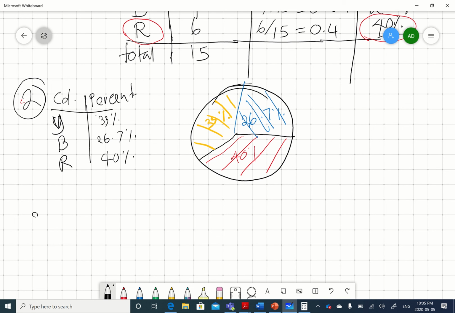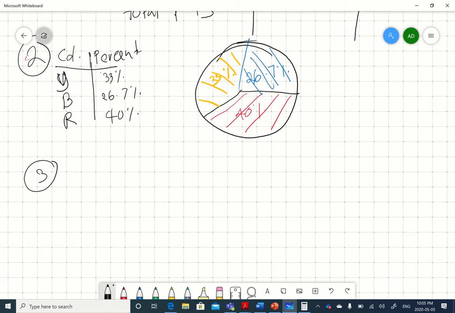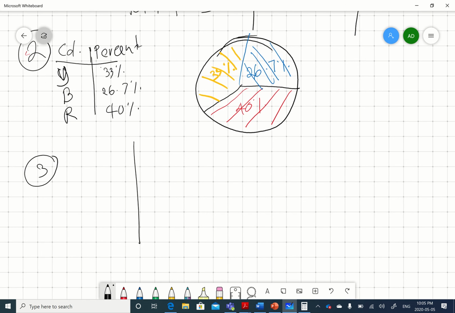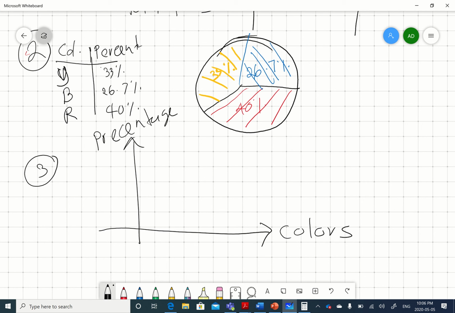So number 3, bar chart. Again, you're using the same frequency table to create the bar chart. Instead of a pie chart, you can have it in XY coordinates. So the x-axis is going to be the colors, and the y-axis can be the percentage, the relative frequencies, or the frequencies, whichever you prefer.